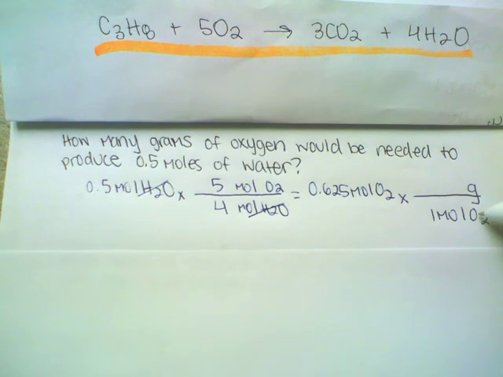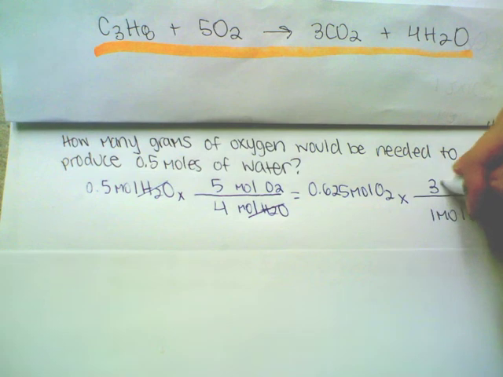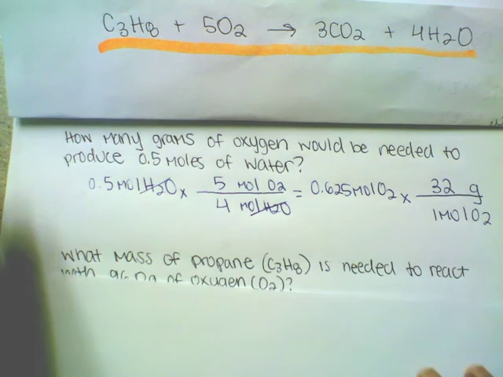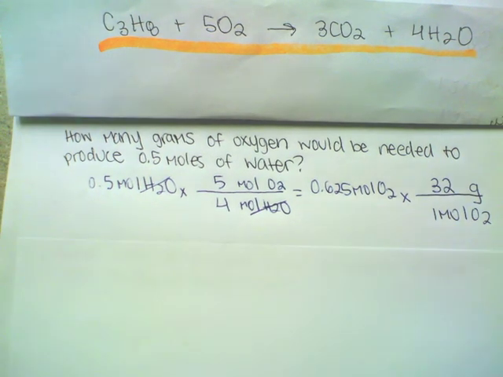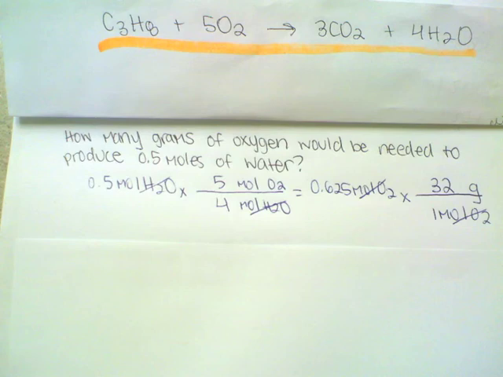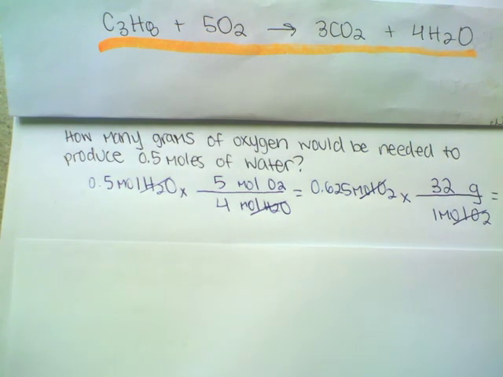The molar mass of oxygen is 16. There's 2 of them, O2, so the molar mass is 32. So 0.625 times 32 divided by 1, which you don't necessarily need to include, and you will get 20 grams of oxygen.